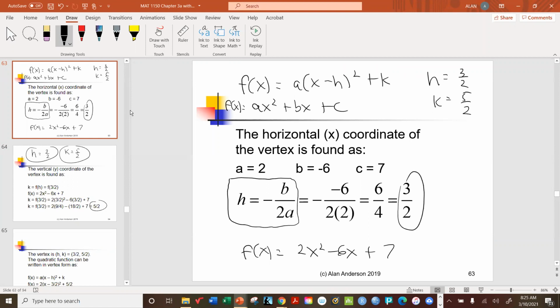And so b is negative 6 from here. And then here we have a, which is 2 from here. So you plug those in and you've got your h.